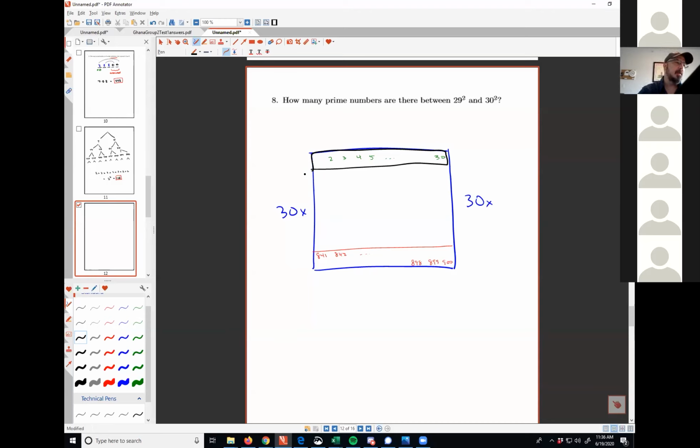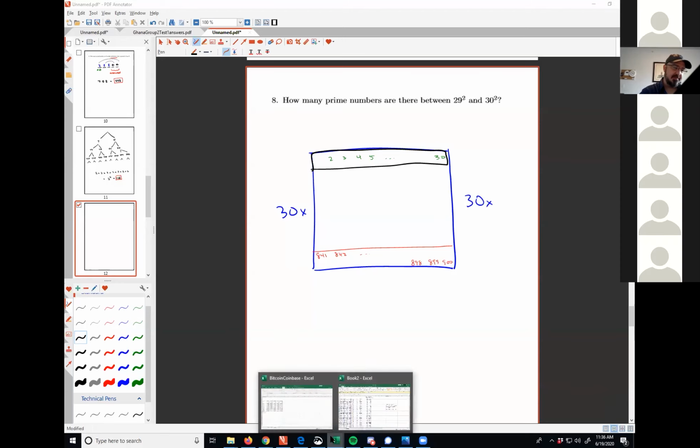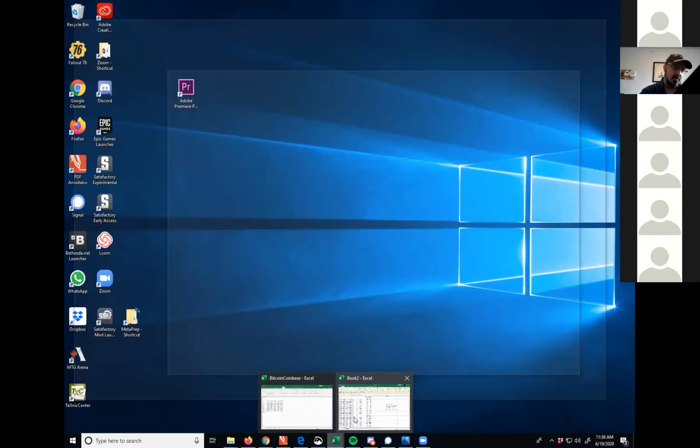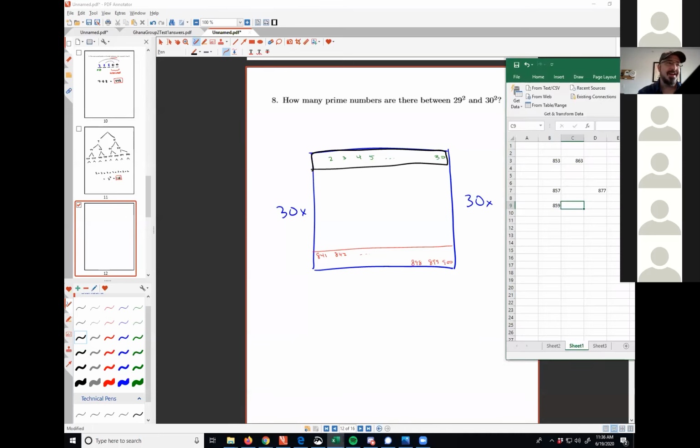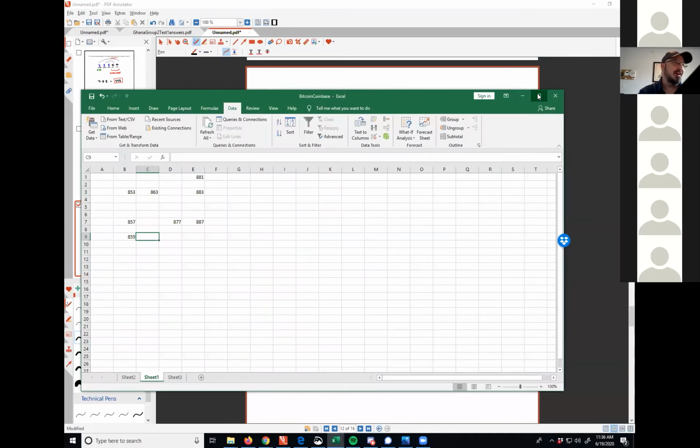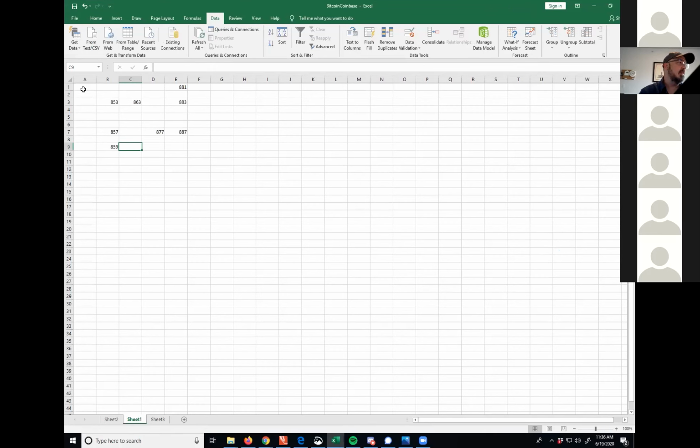But I actually did this in a spreadsheet. Let me see if I still have that up. I'll show you the spreadsheet that I used. What I did was I laid the numbers out in a grid, 10 of them at a time.